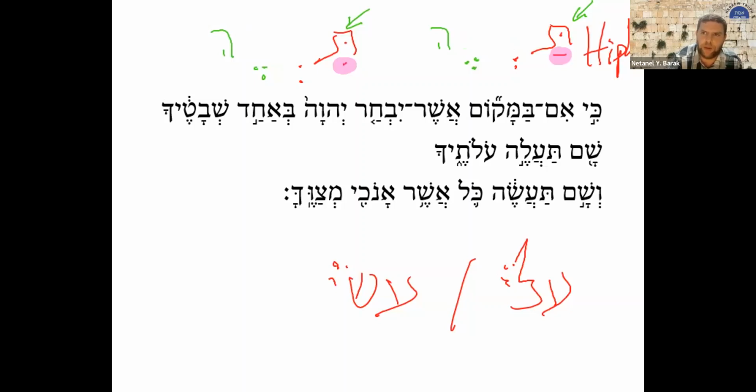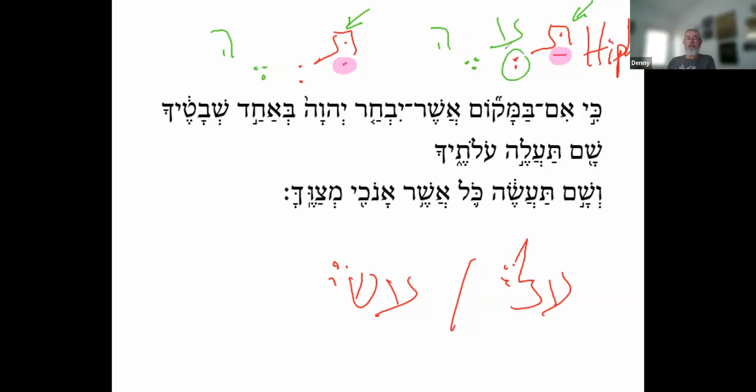So we get an ayin, and the ayin does not want to take the shva. You see? Yes. So instead of a shva, we get a reduced vowel.